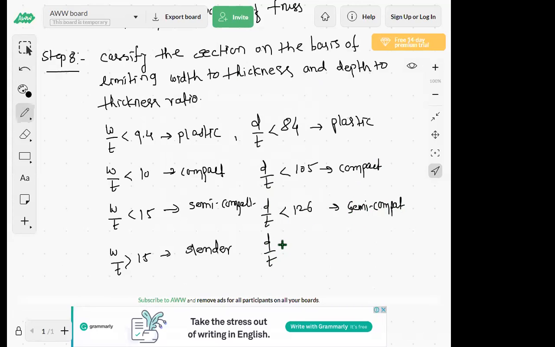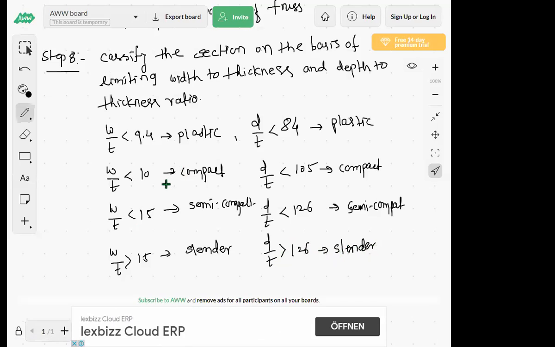Whatever section we select by using step number 7, that angle section we have to classify in step number 8, on the basis of width to thickness ratio and depth to thickness ratio. So here step number 8 is over.